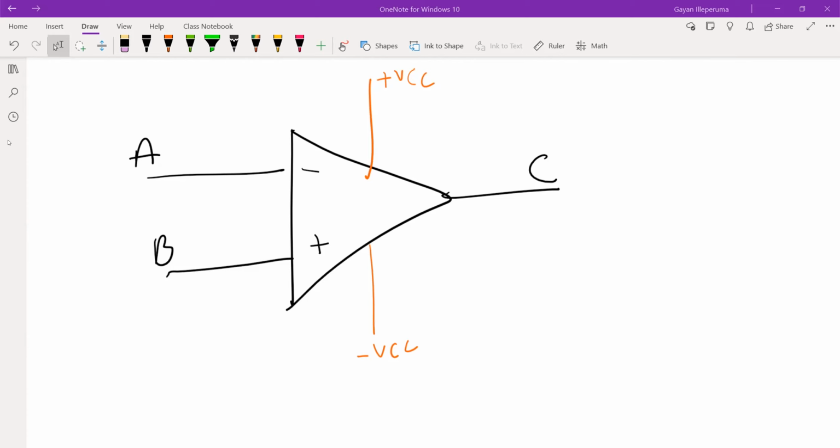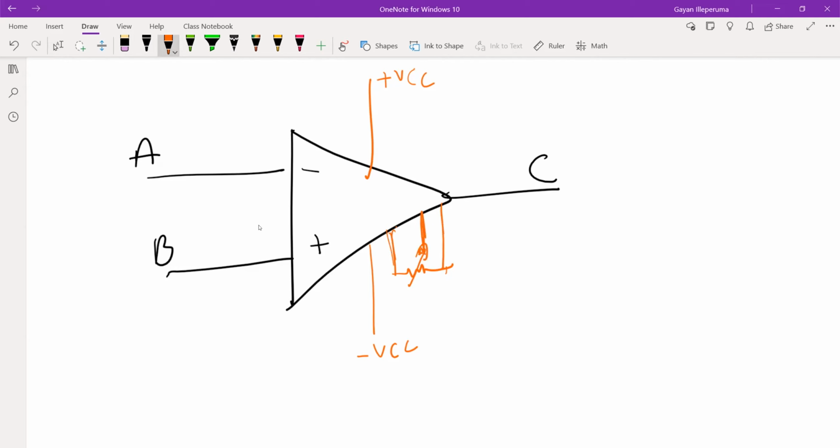Offset null, right? That is for the calibrations most of the time. You should have some optional circuit like this called offset null. This is not compulsory.